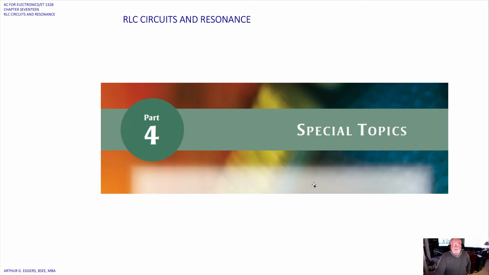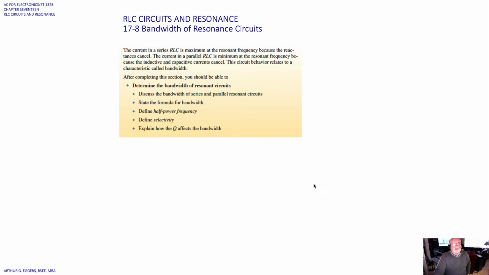All right, special topics. What are the special topics here? Bandwidth of resonant circuits. The current in a series RLC is maximum at the resonant frequency because the reactances cancel. The current in a parallel RLC is minimum at the resonant frequency because the inductive and capacitive currents cancel each other out.